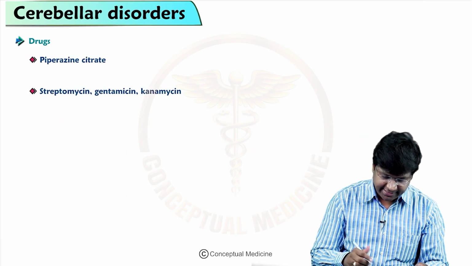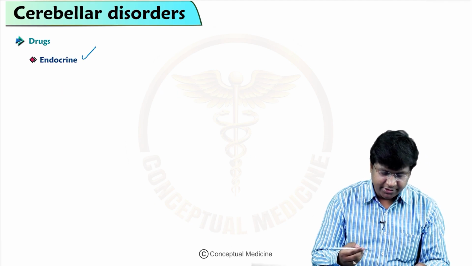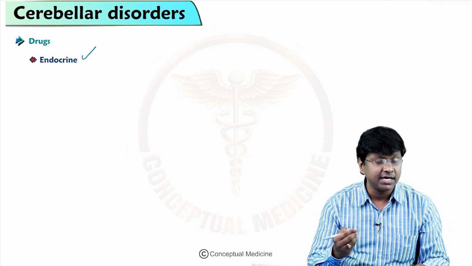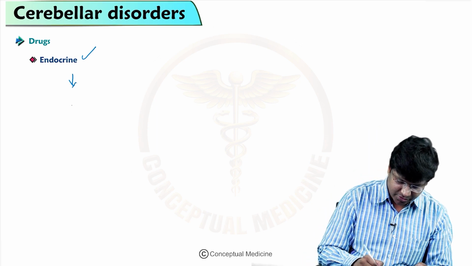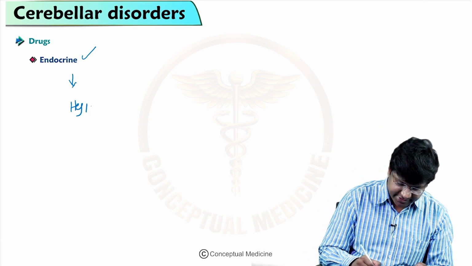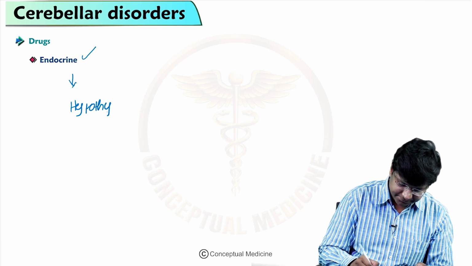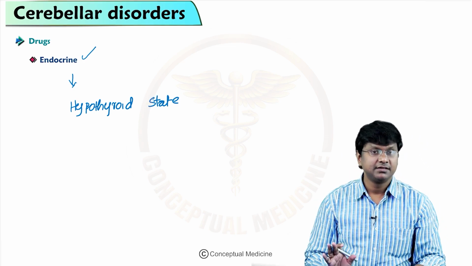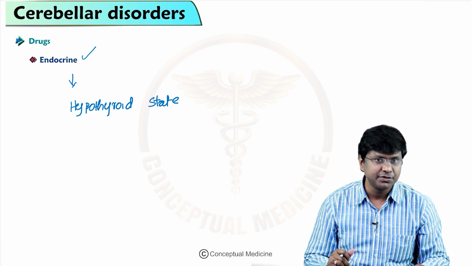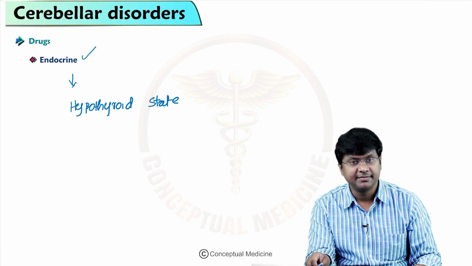Now we also have certain endocrine disorders which will cause acute onset cerebellar manifestations, and this endocrine disorder includes hypothyroid state. Right, hypothyroid state. So this is the endocrine disorder which will cause acute onset of cerebellar manifestations.